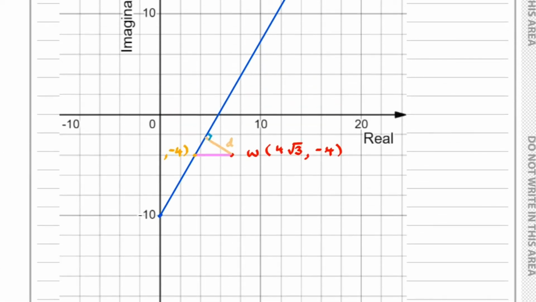And so if I go back to my diagram, we have 2 times the square root of 3.